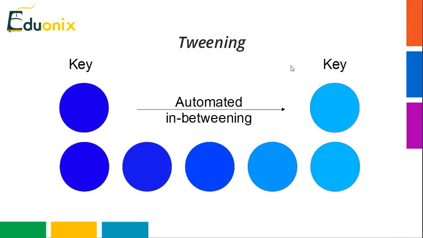What Flash allows you to do is to automate the process, so you can create two keyframes and then tell Adobe Flash to create a tween, and then it will create the in-between frames automatically, saving a lot of time drawing.